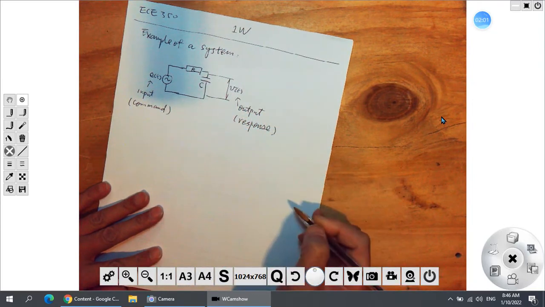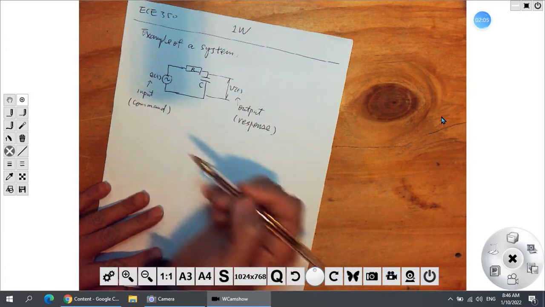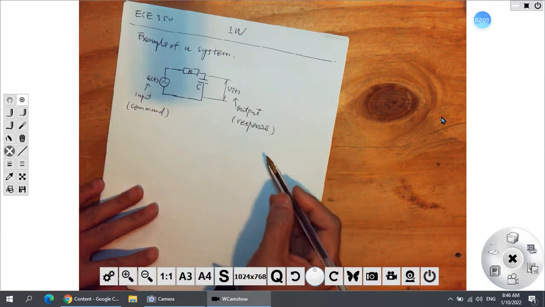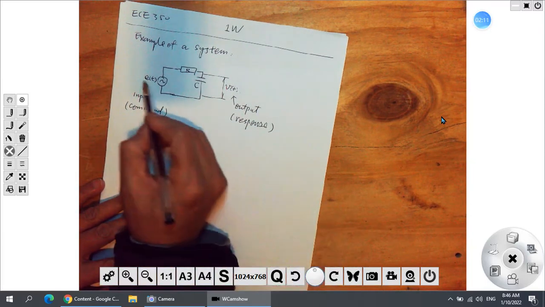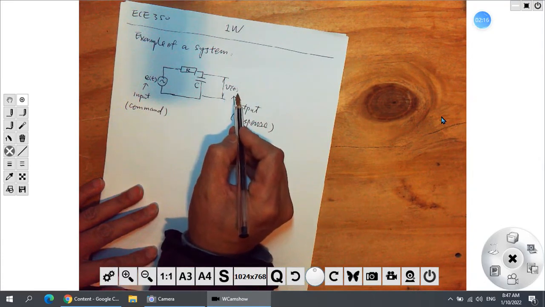The same meaning. You can call this a response or output. This is the input or a command. Then the basic problem is, for given E of t, what will be V of t?